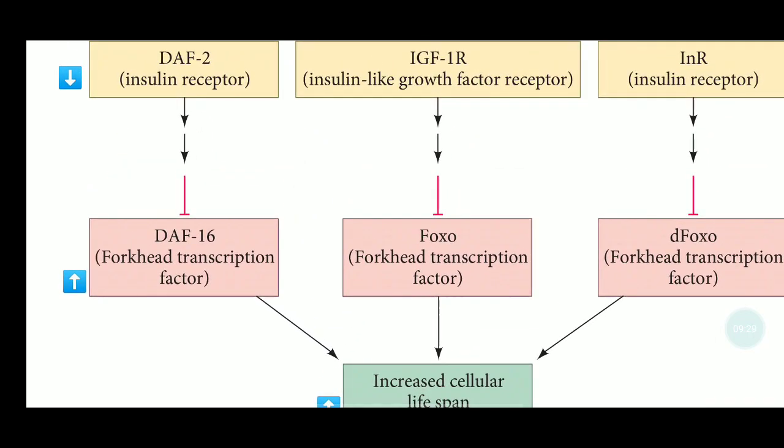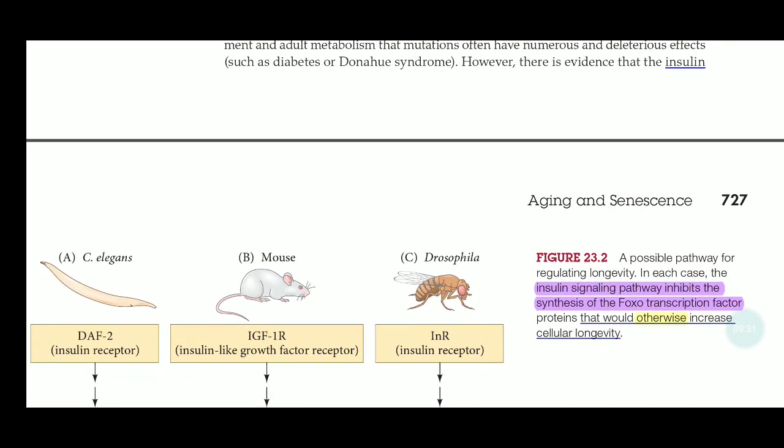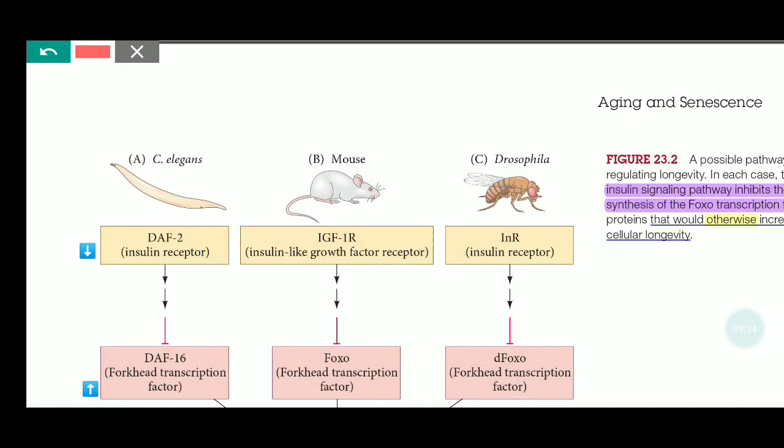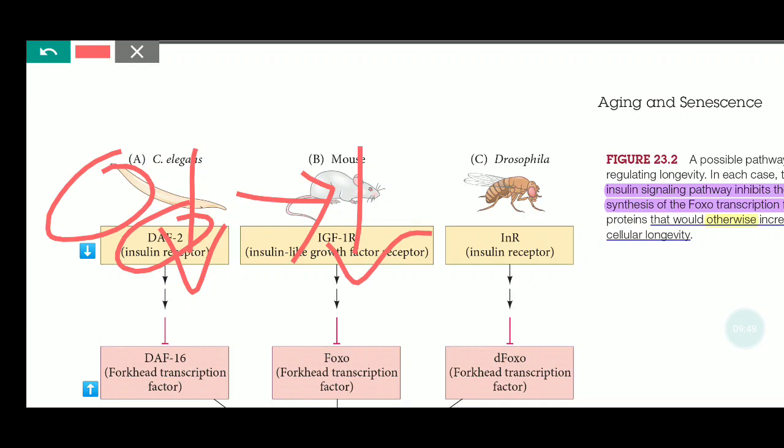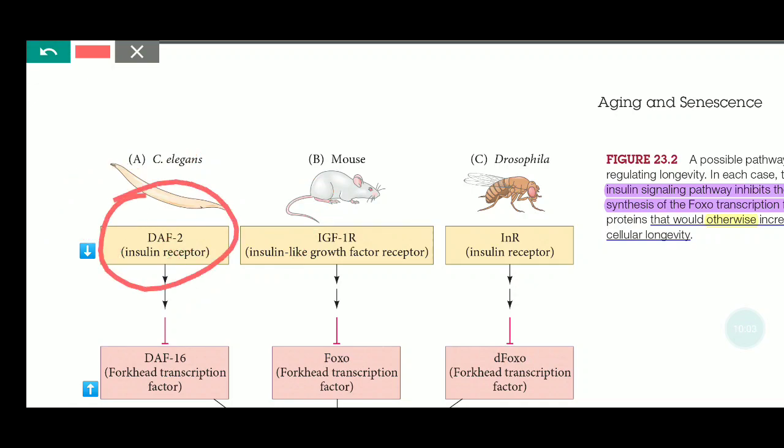To say that in a diagrammatic way, I think it's better. This is insulin signaling. It decreases. There's no insulin signaling because of some nutritional deficiency, and that causes this DAF2 to decrease. The DAF2 here is the inducer. This DAF2 is the inhibitor of DAF16, yes, this one, the DAF16.